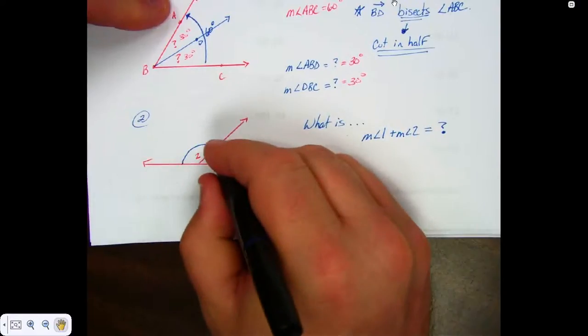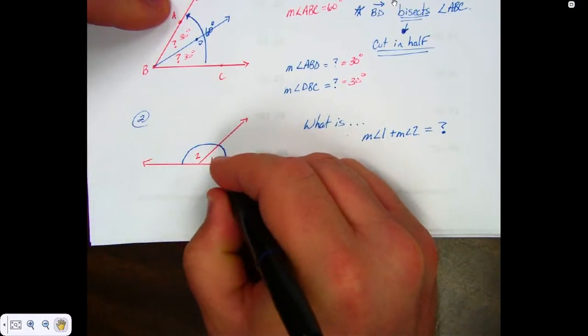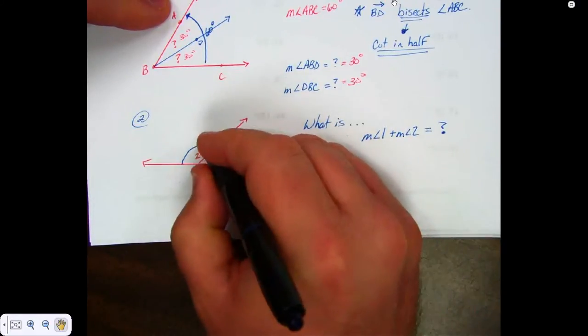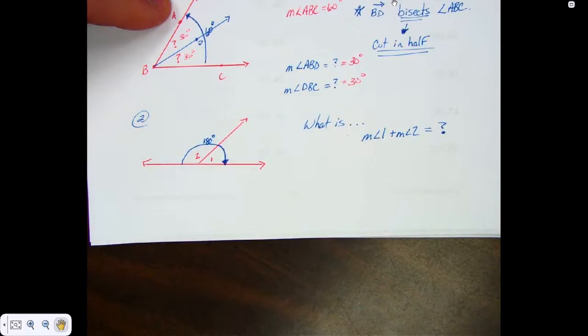If there's a straight line, this is the one thing you can look at a picture and tell. You know that's what? 180 degrees.